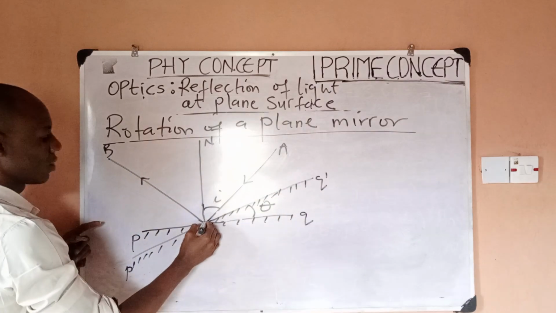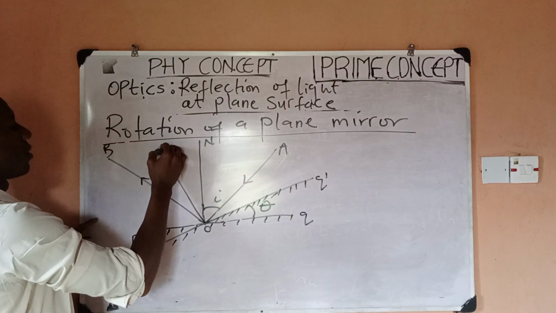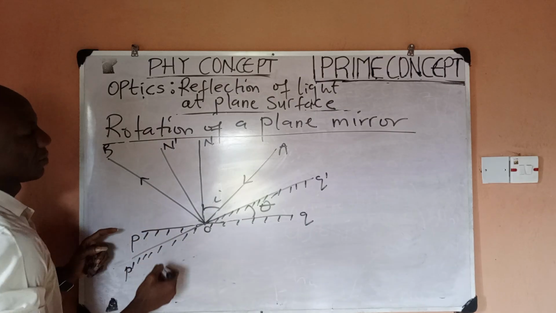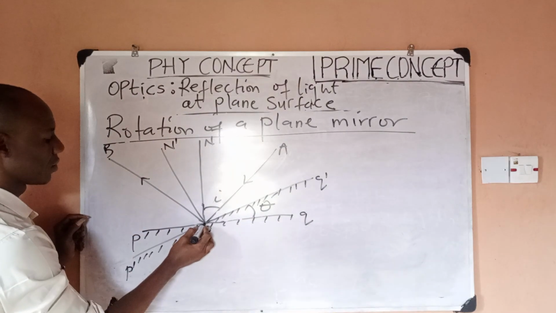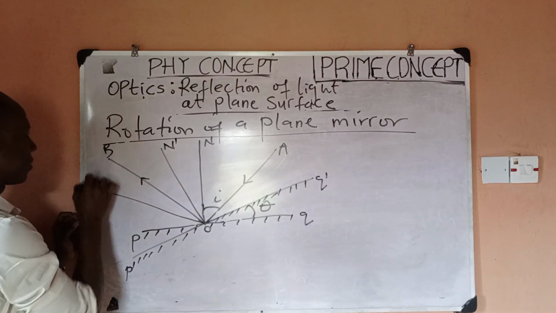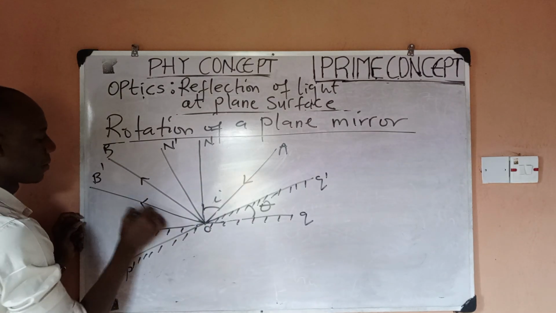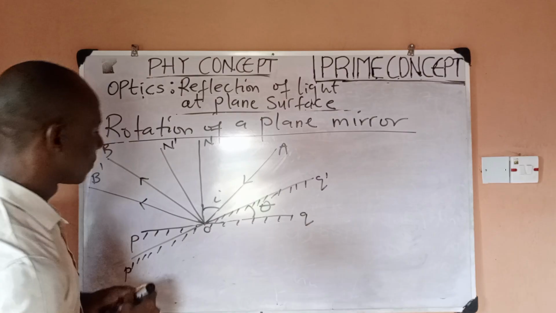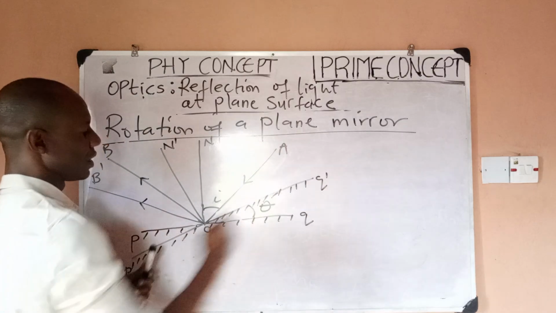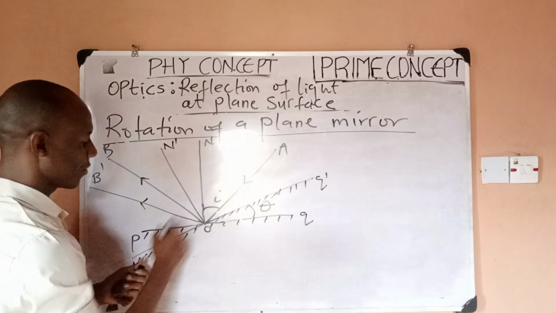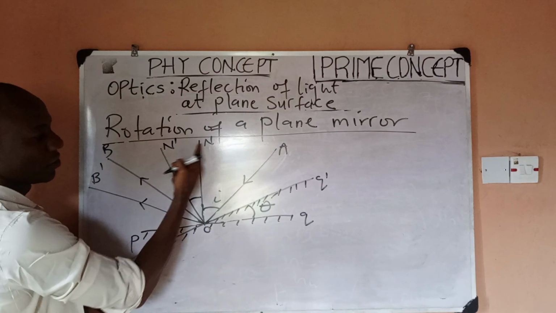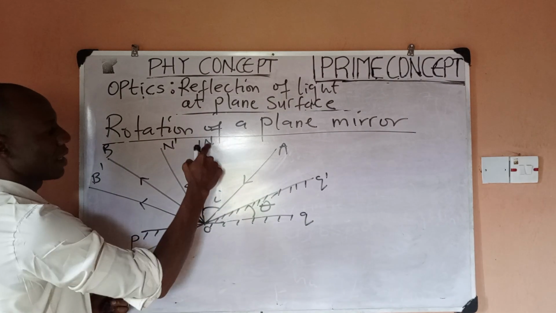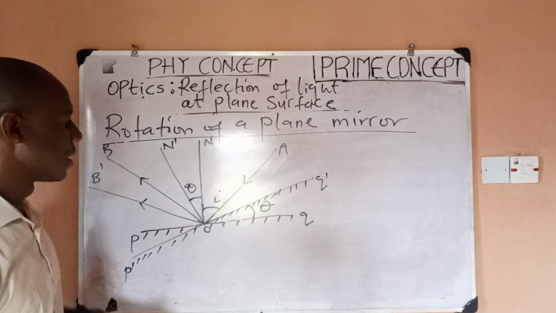So I should have a new position for my normal, which I will call N prime. Of course, I should have a new position for reflection, which I will call B prime. When you turn the mirror by theta, you'd expect your new normal to shift by an angle theta from the previous normal.